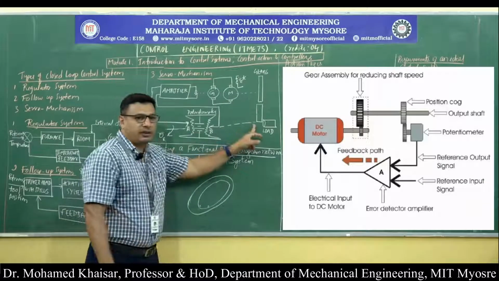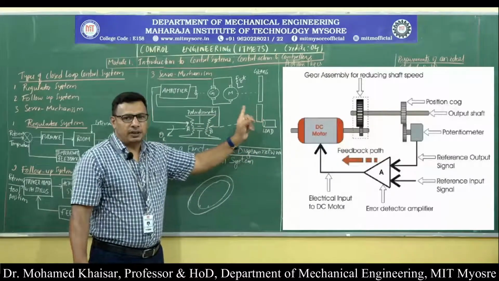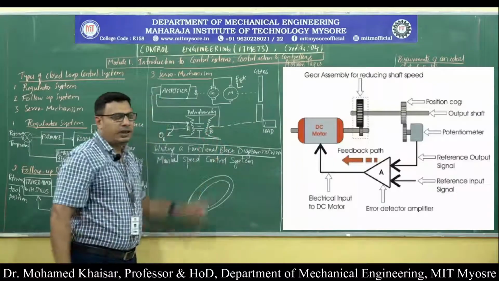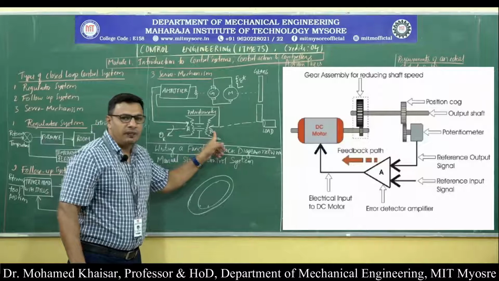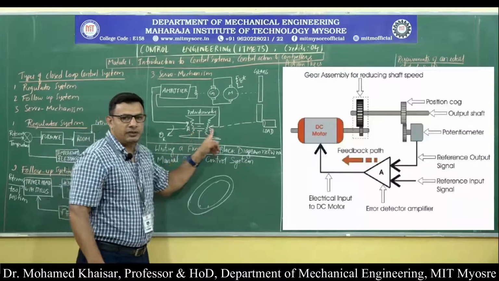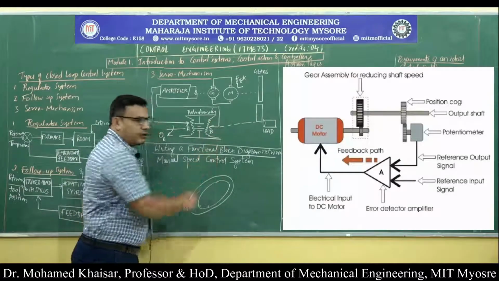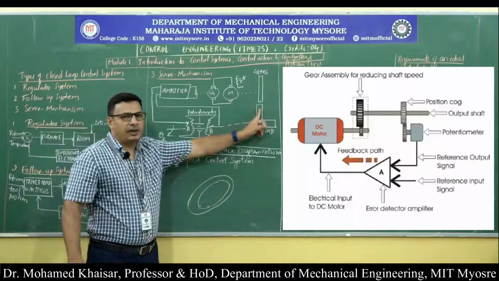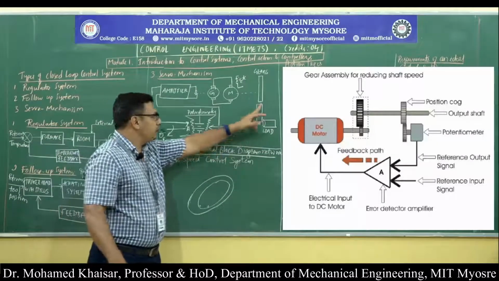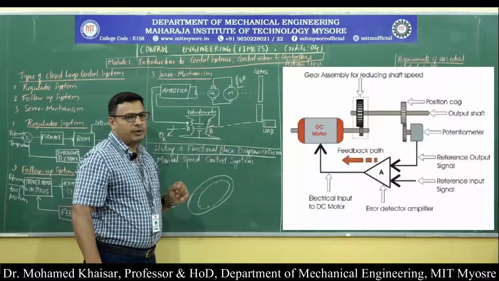Now, related to the angle by which the output gear rotates, there will be a change in the voltage in the potentiometer. This is called the feedback potentiometer. This is the input potentiometer and this is the feedback potentiometer. Whatever is the angle of rotation of the gear after loading, there will be a change in the voltage in this potentiometer.